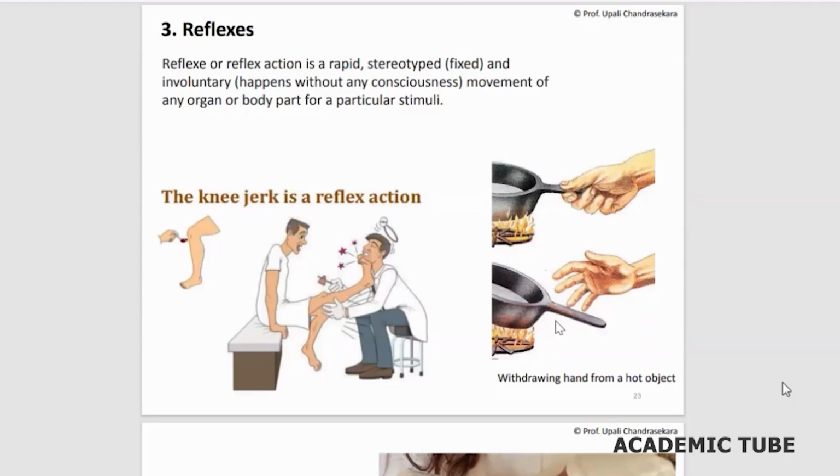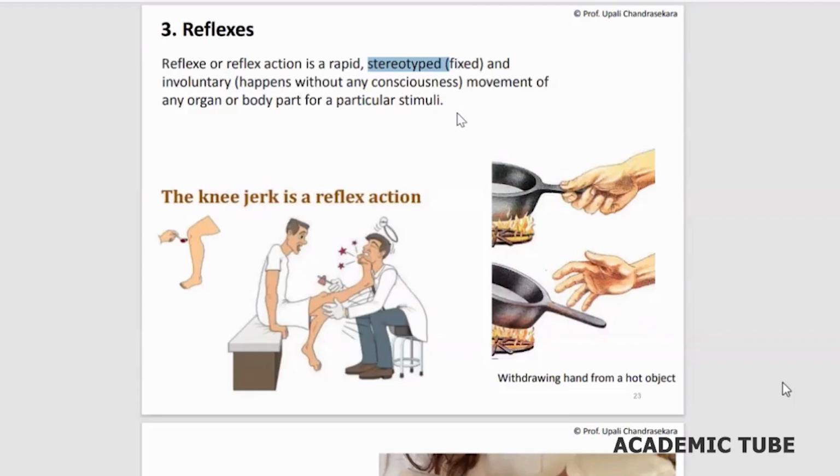If we touch a hot pan on a fire, without thinking, we immediately drop it. This is a kind of behavior, and there is no thinking part in it. So a reflex action is a rapid, stereotyped response. If you strike here, the same thing happens again; stereotype means it does not change. A reflex is a stereotyped and involuntary movement of an organ or body part in response to a particular stimulus.